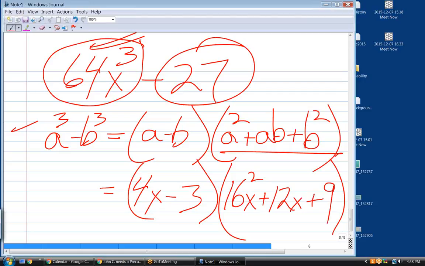Good. And just for your curiosity, this never factors, no matter whether we're talking sum of cubes or difference of cubes. The quadratic that you get, don't spend any time at all trying to factor it. It will not factor.